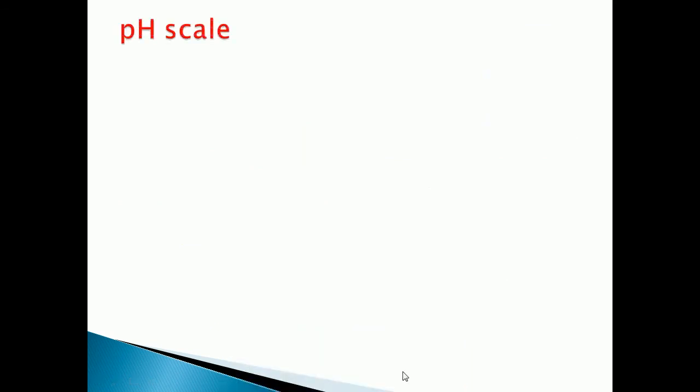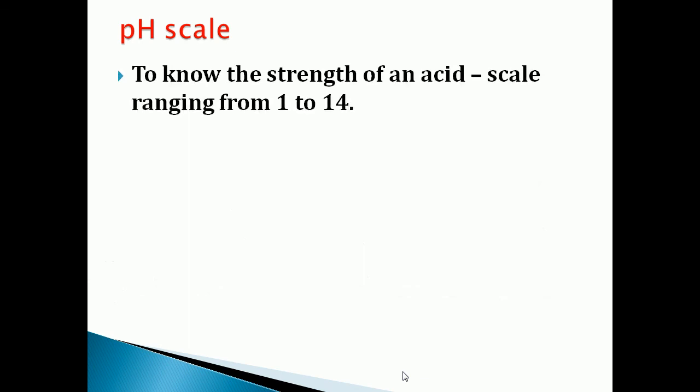Now we are going to see about the pH scale. To know the strength of an acid or base, strength meaning the power of an acid or base, scientists have given a scale ranging from 1 to 14. This scale is known as the pH scale.